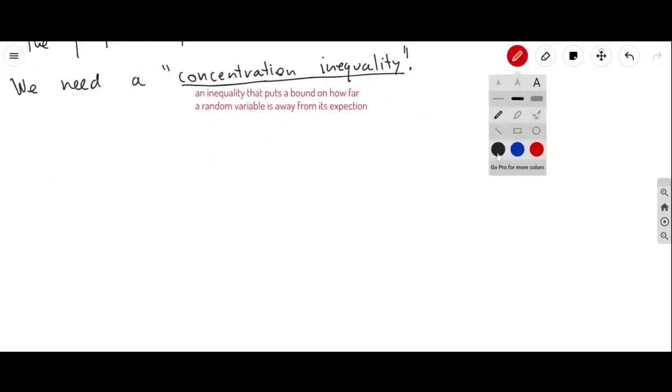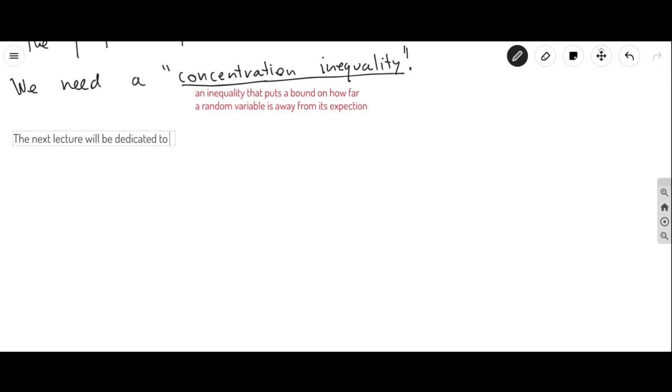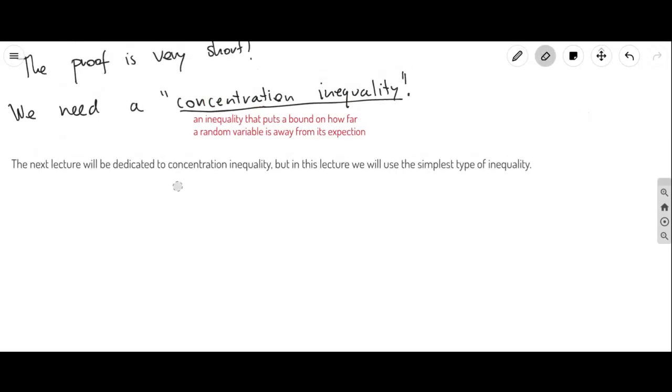In the next lecture will be dedicated to concentration inequalities. But in this lecture, we will use the simplest type of inequality. This is by far the simplest one that you have. There are more difficult, more advanced ones, and they're all what are known as concentration inequalities.